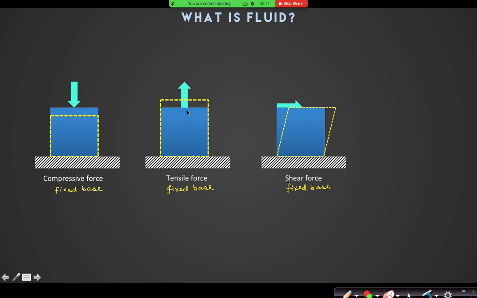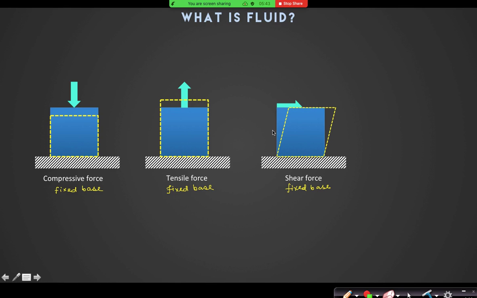Similarly, if you apply a tensile force, internal forces will be developed inside the solid so that it will oppose it. Similarly, in this case, if you try to change its shape, then this body will also oppose it. For a solid body, this will happen.